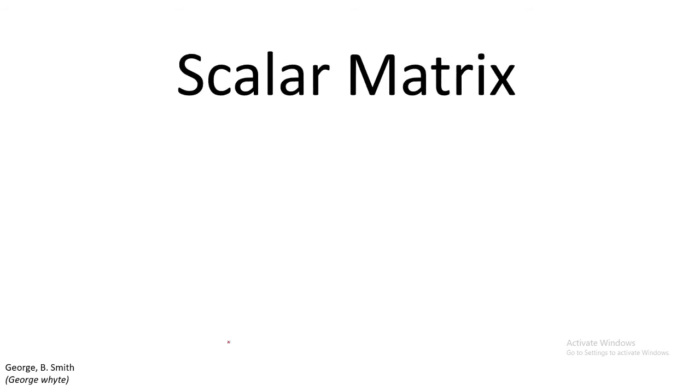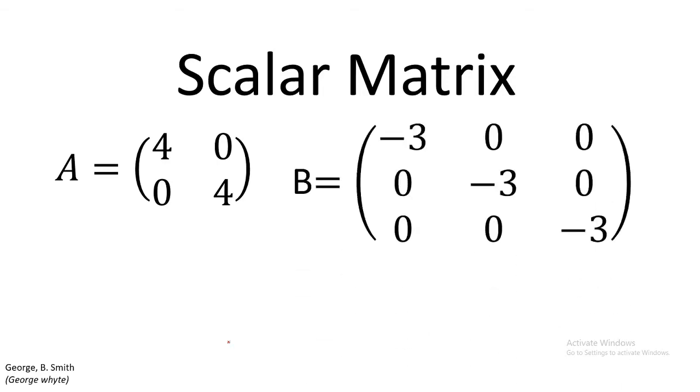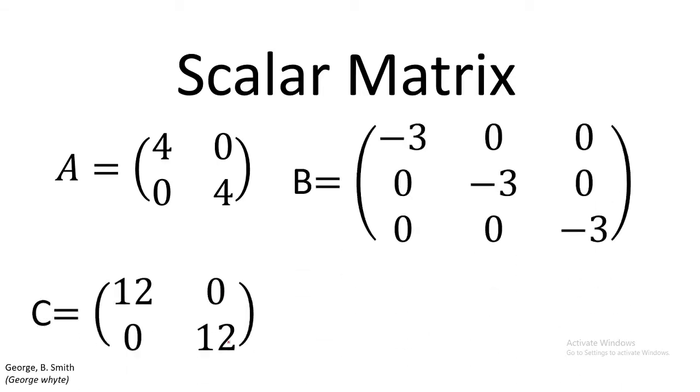Scalar matrices are also square matrices, diagonal matrices in which the elements of the leading diagonal are all equal. An example is the one we had in the previous slide, and here are other examples of scalar matrices.